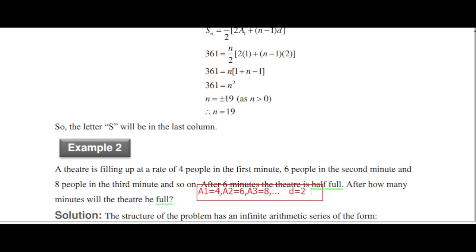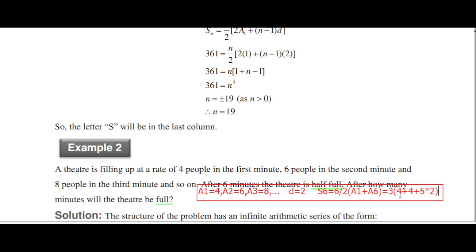Let's calculate S6. S6 is equal to 6 over 2 times a1 plus an, that means a1 plus a6. So this is equal to 6 divided by 2, 3 times a1, we have 4, plus a6. What about a6? a6 is a1, 4, plus 5 times d, 5 times 2.